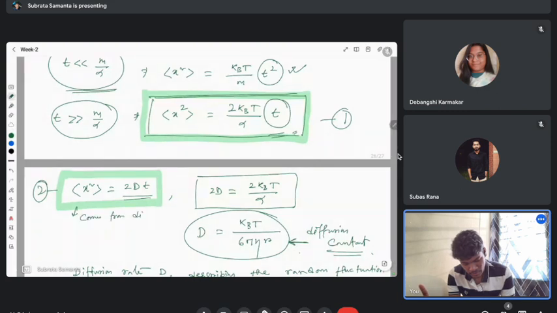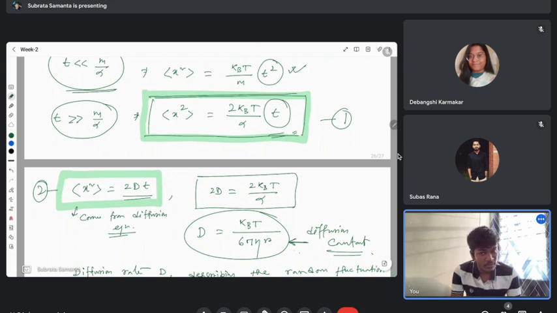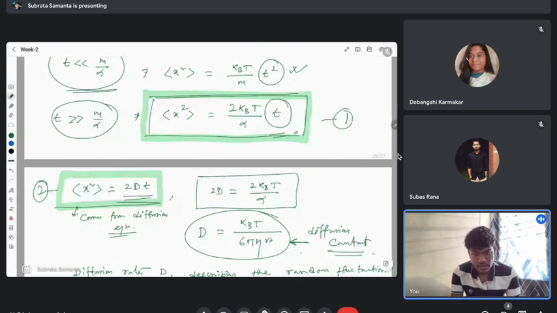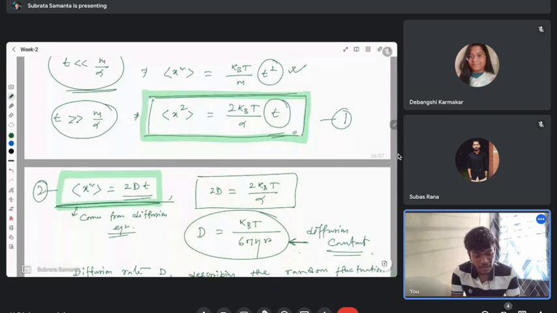This is crucial: this value comes from the diffusion equation, and this comes from the random force. We are taking a random force, modifying the equation of motion, and then calculating this x square value, right? And in this limit. The limit must be important.